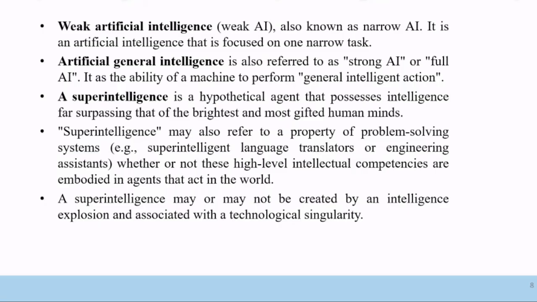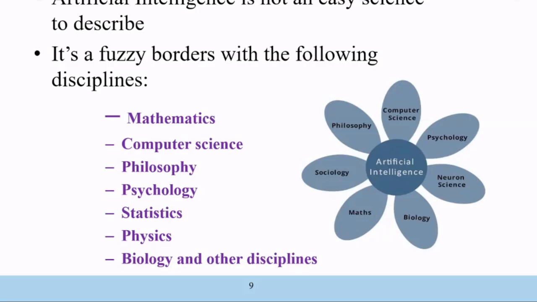That kind of humanoid robot falls under this category, super intelligence. It will take hardly another 2 or 3 decades to reach us. These are the three major categorizations, and these are the components of artificial intelligence.